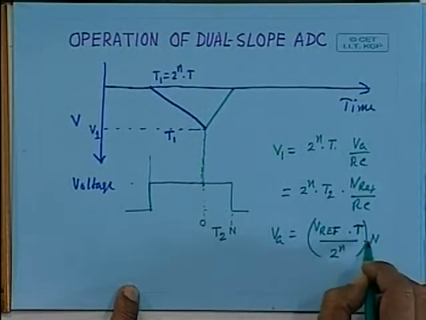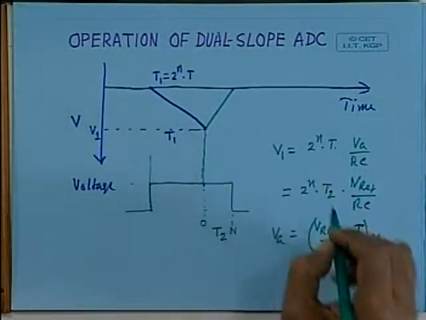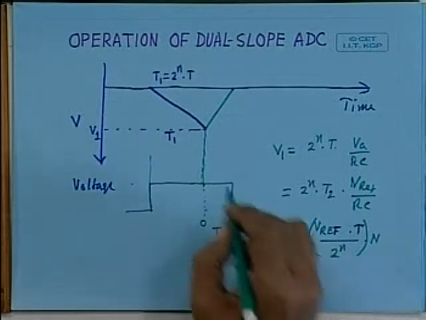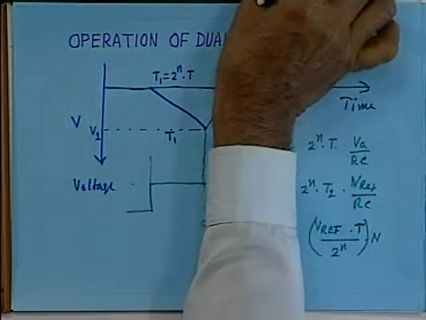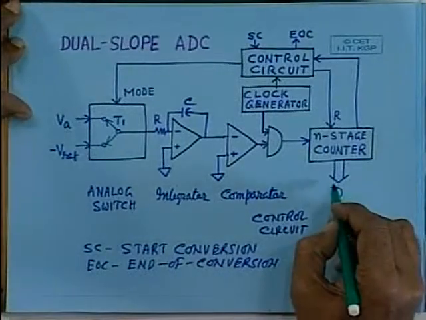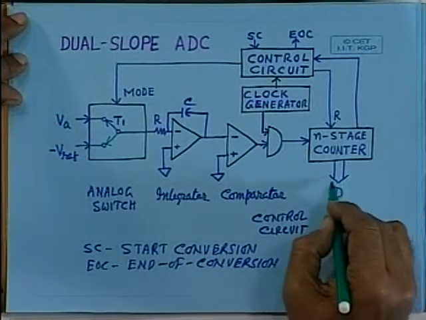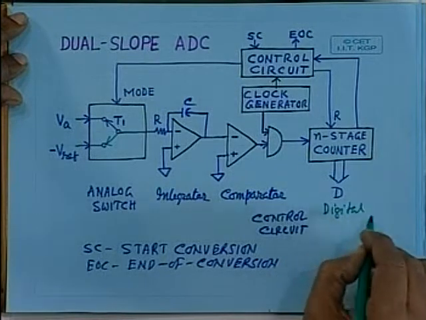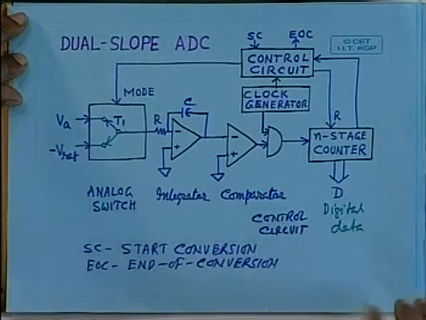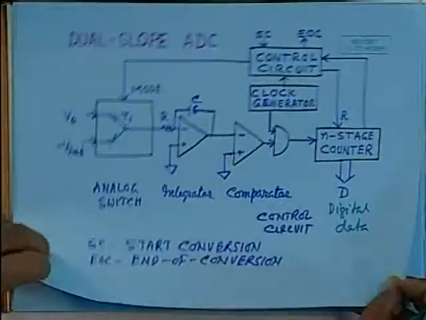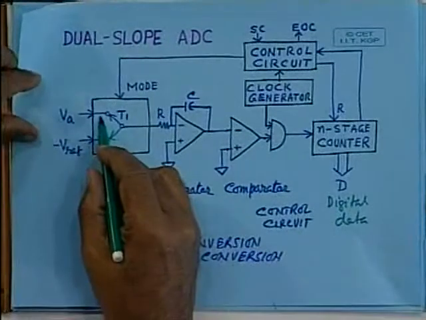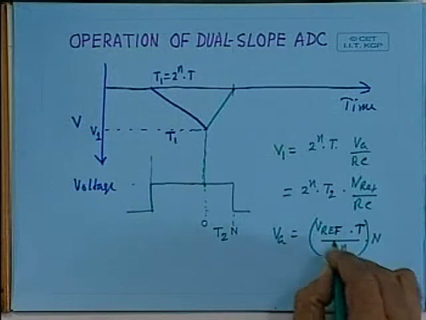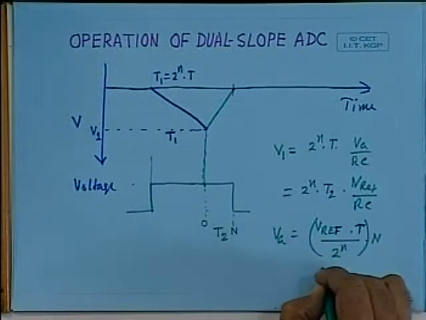So this value n is proportional to this analog voltage. Now at the output of this comparator you are getting this count value, so here you get the digital data, and that will be proportional to this analog voltage, as is clear from this relationship. So this is your constant.